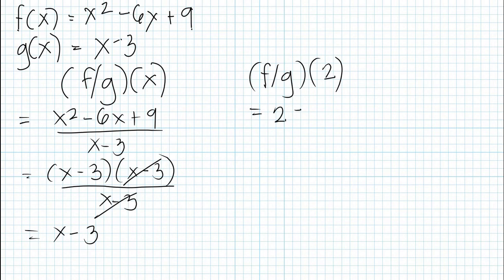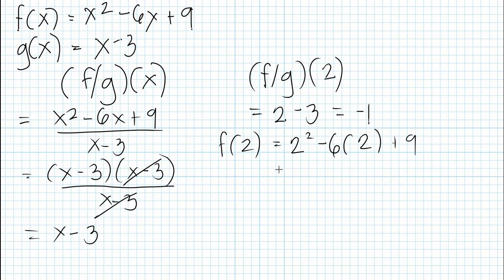Now let's get the value of f divided by g of 2. That's 2 minus 3, so that's -1. Now let's try f of 2, which is 2 squared minus 6 times 2 plus 9. Here we can get 1.